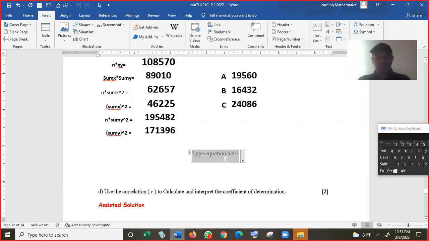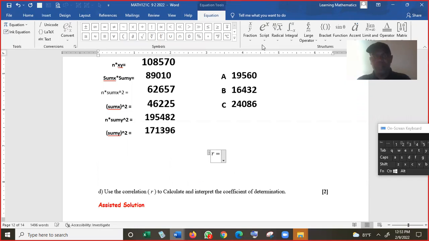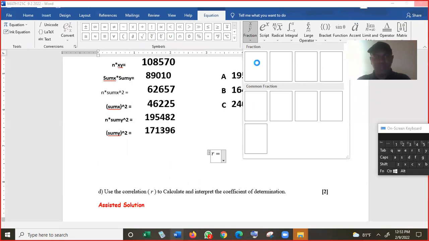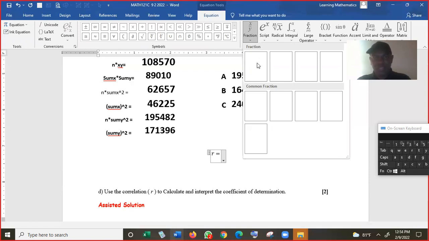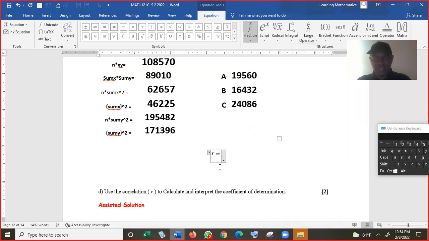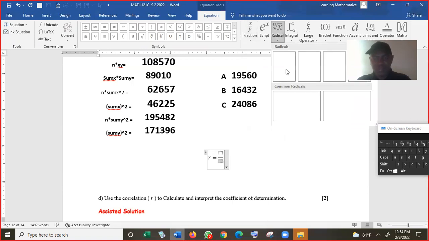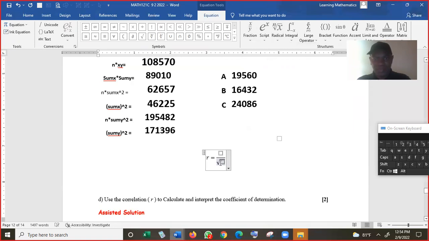R is equal to, okay, and fraction, numerator and denominator. Okay, and don't forget in the denominator there is a square root sign in the denominator. Please don't forget there's a square root sign in the denominator.